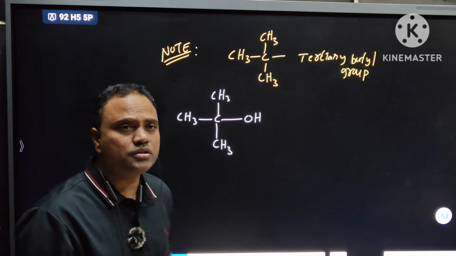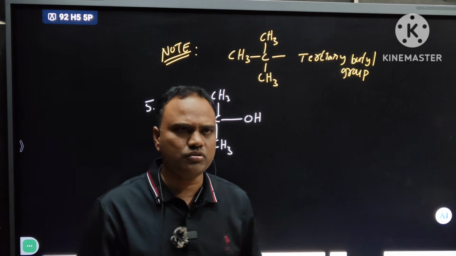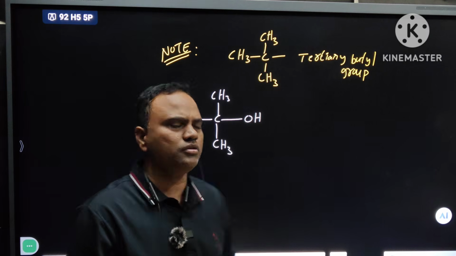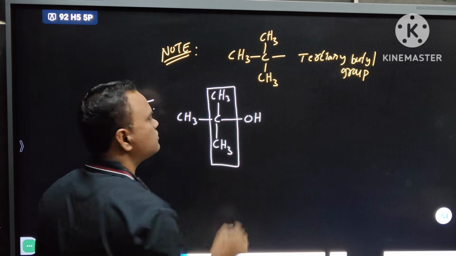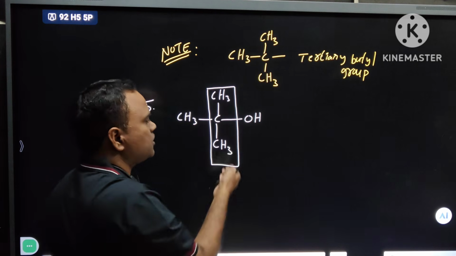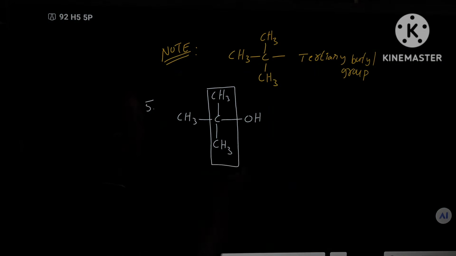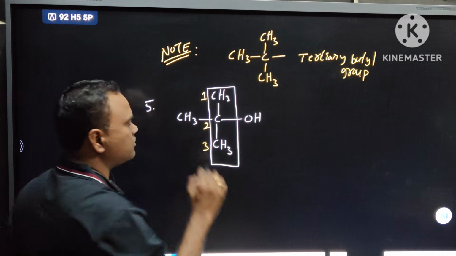Which is the longest chain? The longest chain means you should select the carbon chain only. Clear? In that, carbon atoms should be included. So I can select like this. This is the longest chain because 1, 2, 3 carbons. Now give the numbering. 1, this is the second carbon, this is the third carbon.